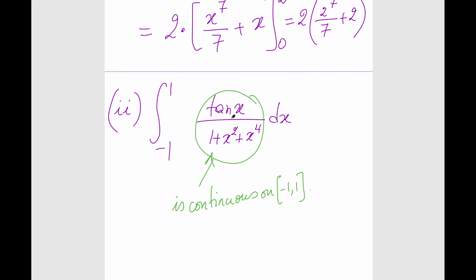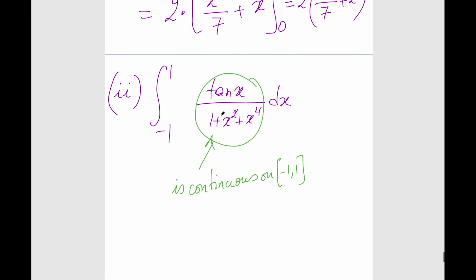The only problem is, where is tangent defined? Well, tangent is defined as long as cosine is not 0, because tangent is sine over cosine.